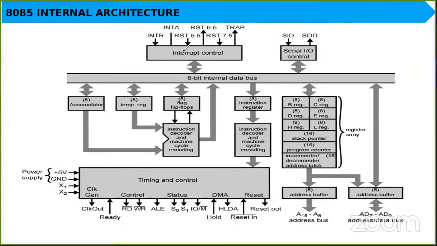Then you have something called the interrupt control block. Interrupts are used to interrupt the processor. For example, my processor is working. Imagine that suddenly I have some external sensor which sends a signal, and I want to interrupt the entire execution of my processor.